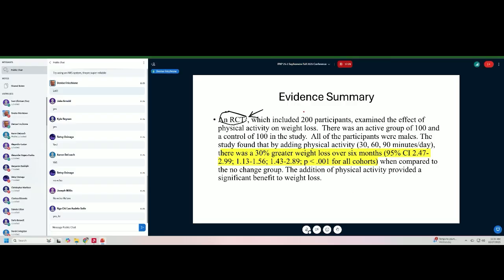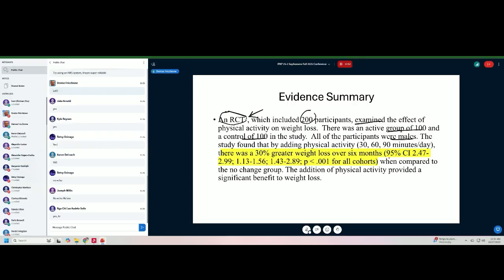We identified the number of participants, what the study looked at, what the active and control groups were, and who the participants were. In this example, they were all male. And this particular study looked at adding physical activity and looking for weight loss.